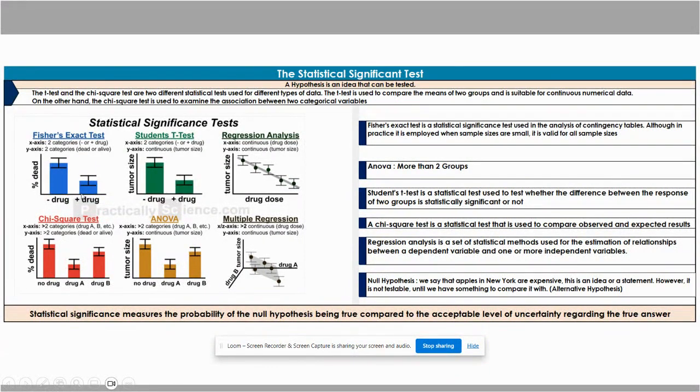When you compare with the Fisher exact test and the chi-square test, you can see that it is categorical. Here drug and no drug, and here drug A, drug B, no drug. In the Fisher test you have dead or alive, and the same here, dead or alive. So it clearly tells you that when more than two variables are involved on both x and y axes, then chi-square would be your choice.